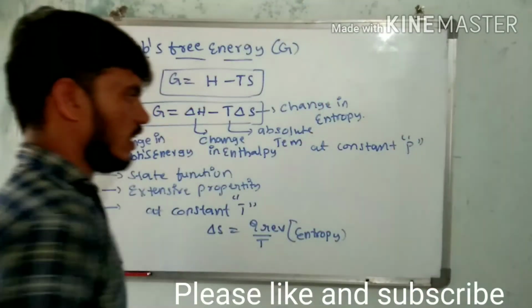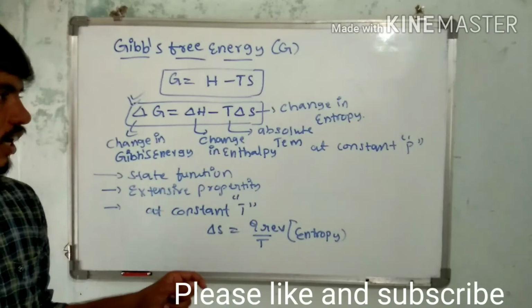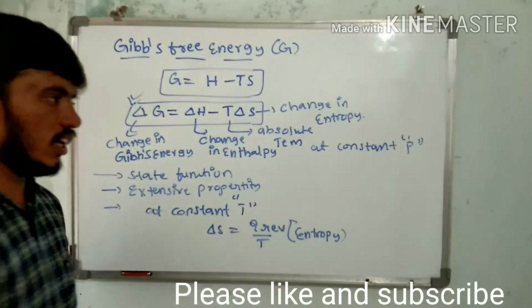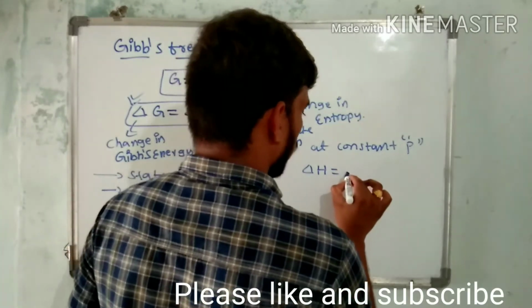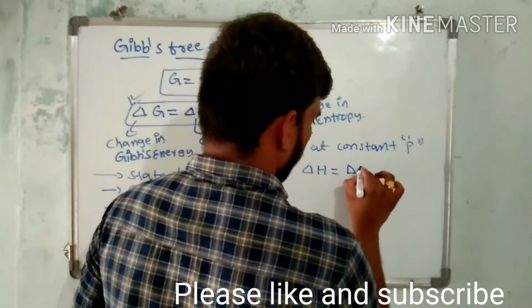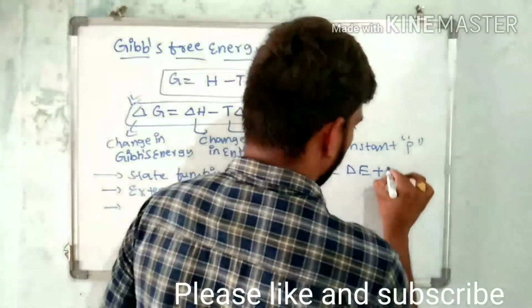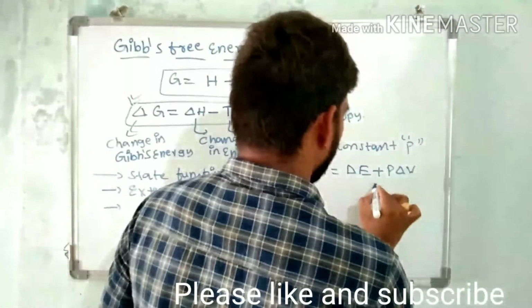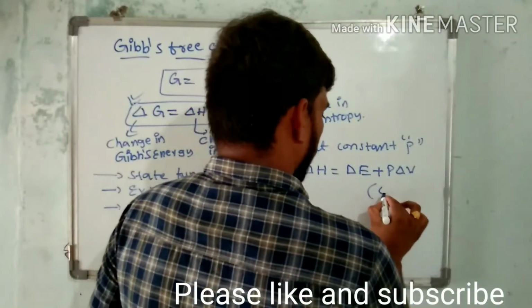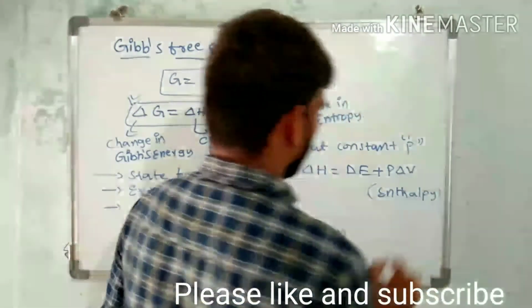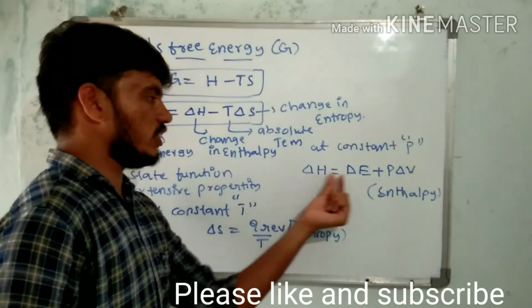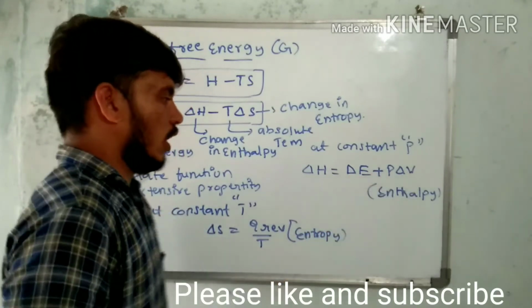At constant pressure, change in enthalpy is equal to change in internal energy plus P into dV. This is the enthalpy concept. Change in enthalpy is equal to change in internal energy plus PdV.